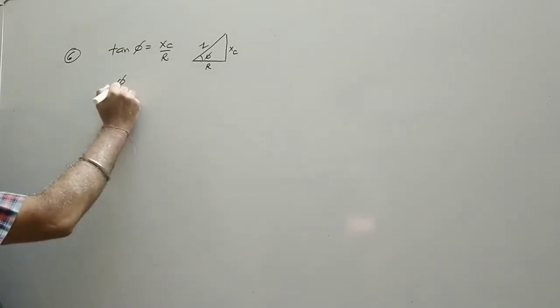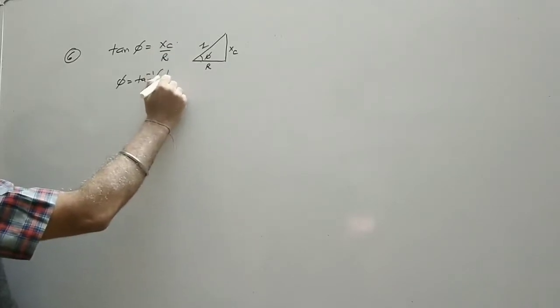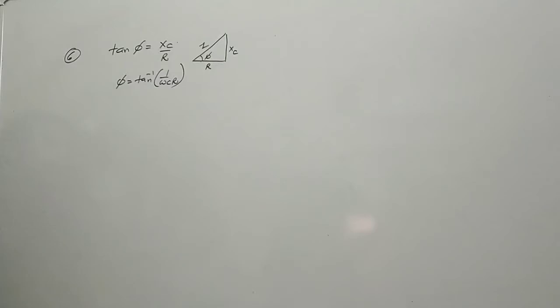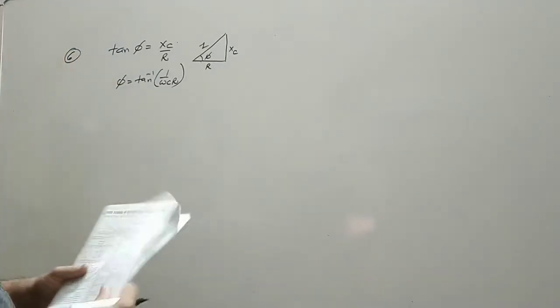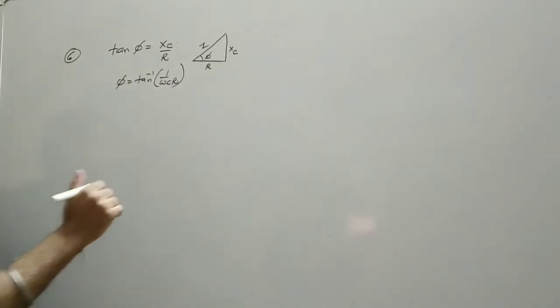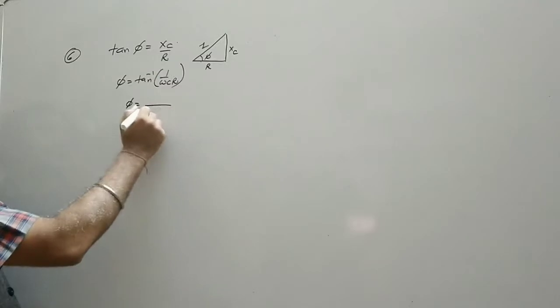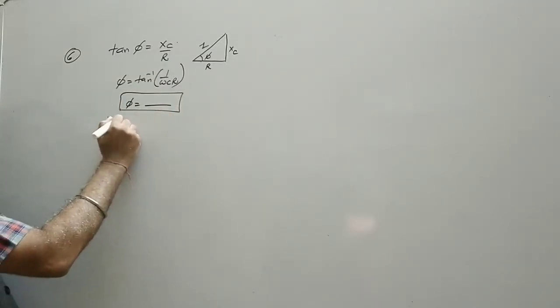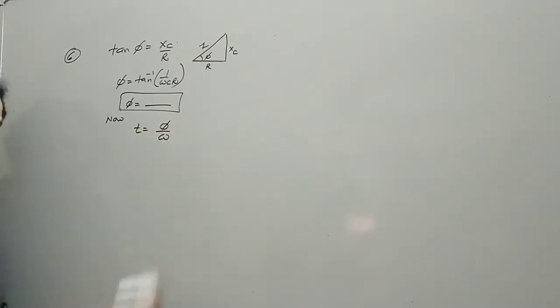So this phi can be written as tan inverse, in the place of Xc, 1 upon omega C R. Now in the place of omega, in question 5, we have a frequency, so we can write 2 pi f C R is given. So the first thing is you find out the angle here. What is the angle? Now time can be written as the phase difference divided by omega.